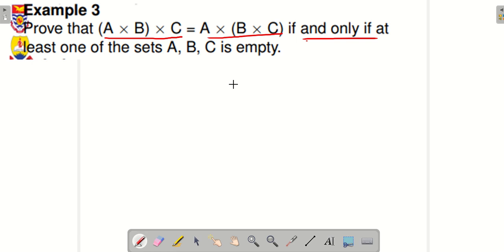So let us make an assumption here. Let A or B or C be an empty set.